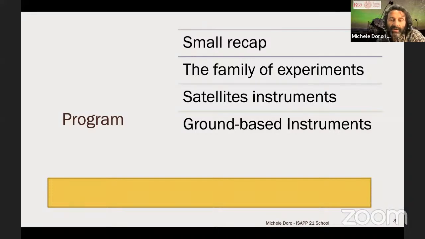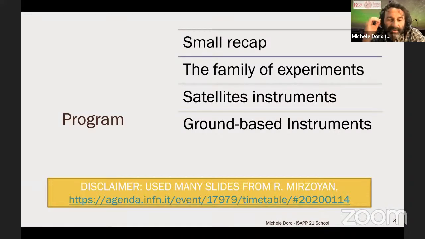I have two disclaimers. The first one is that I took some slides from a presentation by Razmik Mirzoyan at a school that we organized like 2 years ago before the COVID. You have the link there, and if you're interested, you can find more slides on instruments and more focus on really gamma ray astronomy, not for the dark matter part, but in general.